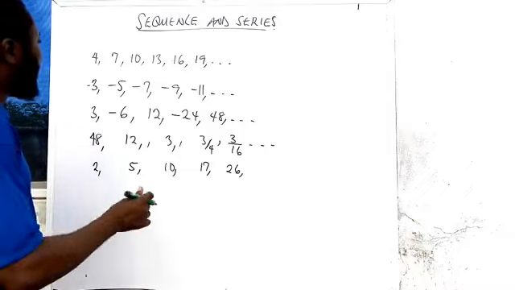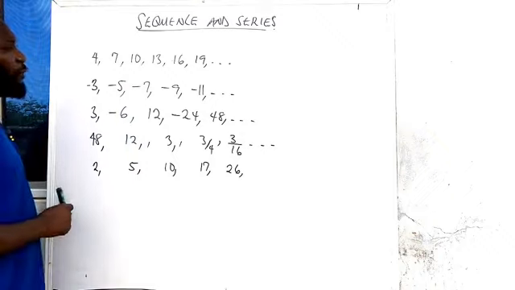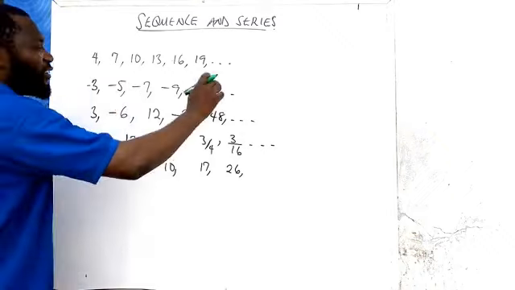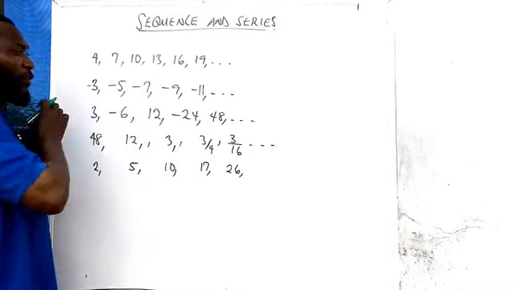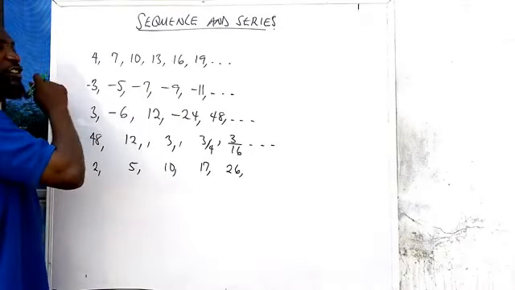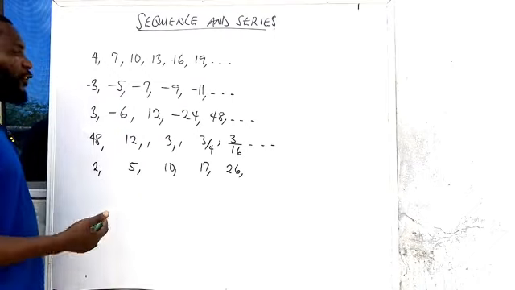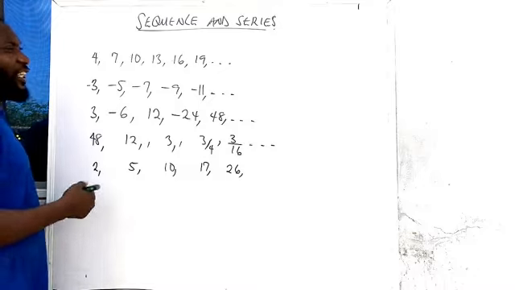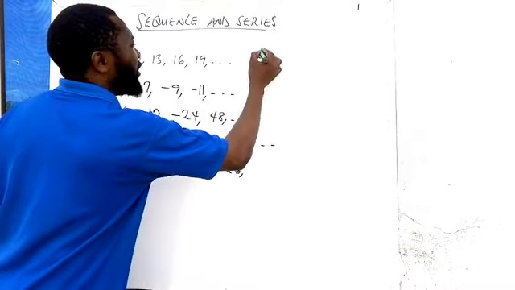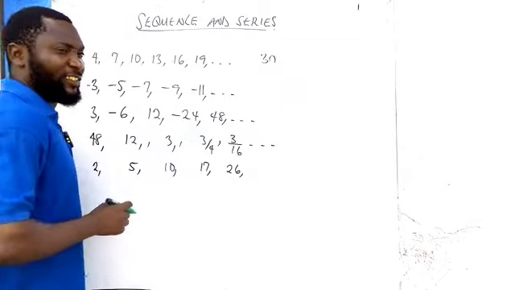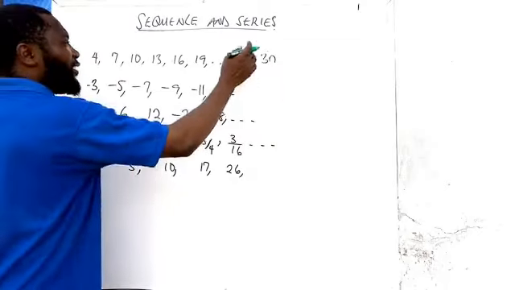Now, another thing I want us to take from this is that we can generate a formula for this. Since the first term is 4, and each term is generated by addition of 3, then it means I can just say 3 multiplied by n, because you are adding 3 to each term.